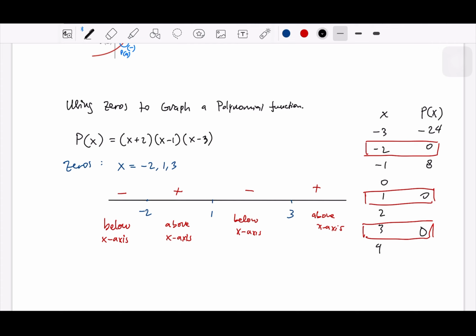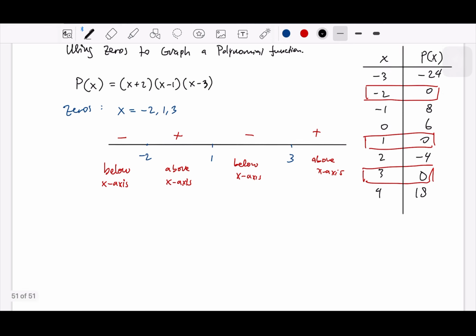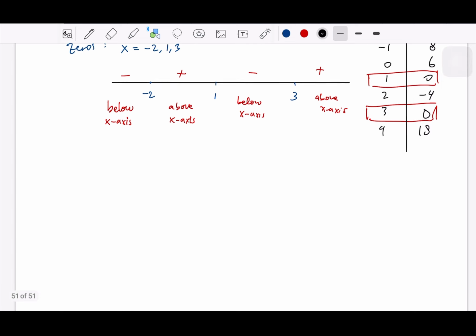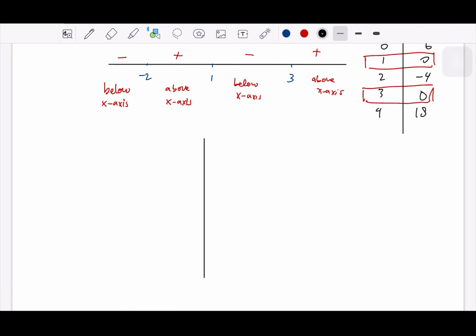And we have 0, which gives +6. 2 will be -4, and 4 will be 18, right? Okay, so we have all these points. And then we could take these points and write them down on our graph.